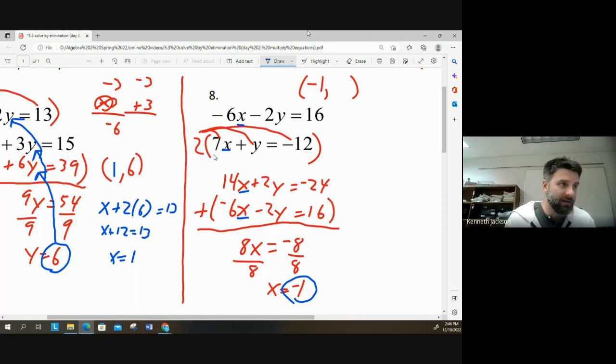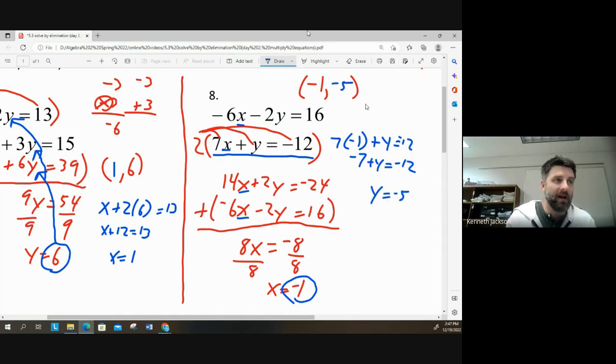I'm going to pick this middle equation because y has a 1 in front of it. So that's 7 times negative 1 plus y equal negative 12. That's negative 7 plus y equal negative 12. That's y equal negative 5. The ordered pair negative 1, comma, negative 5 is where those two lines cross.